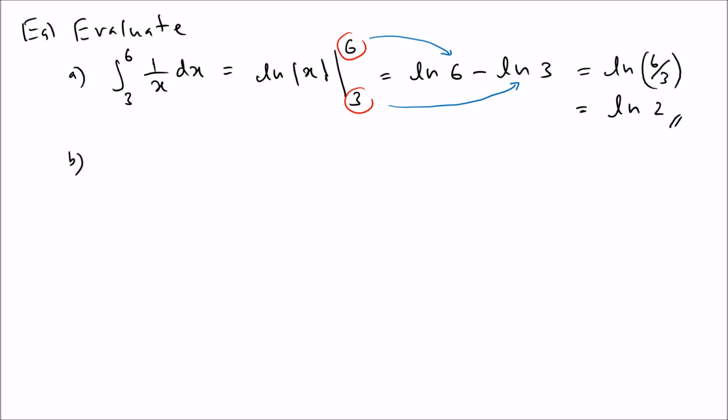B, how about this: the integral from 0 to 4 of t squared minus t to the 3 halves. This is a simple problem; you can use the power rule.